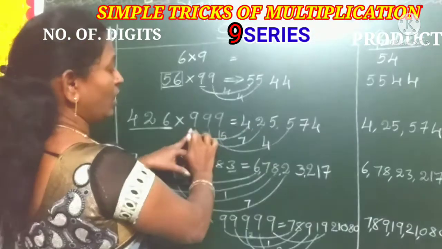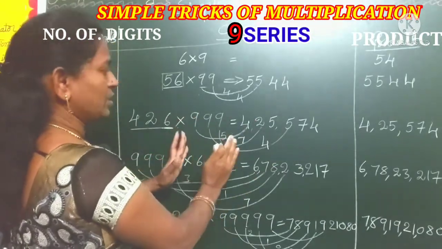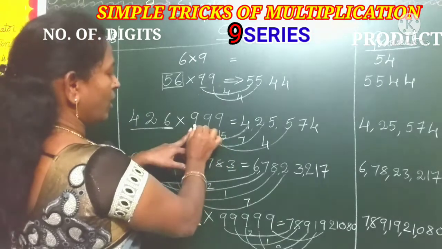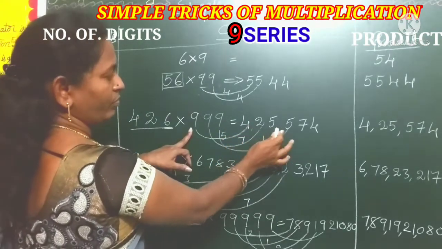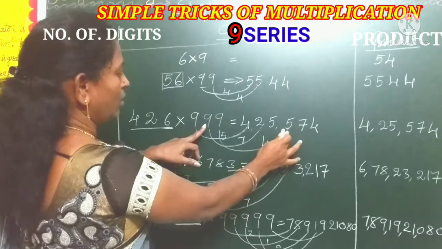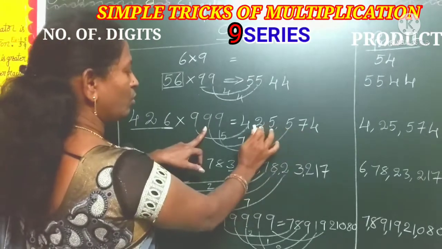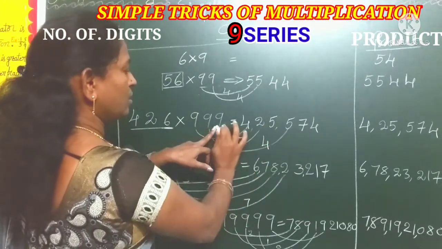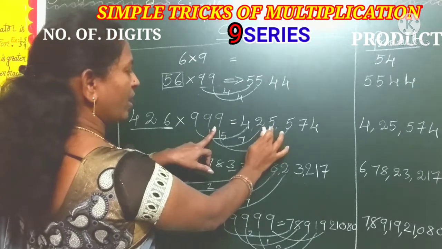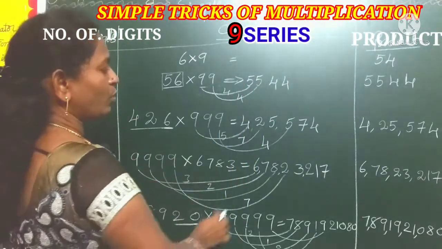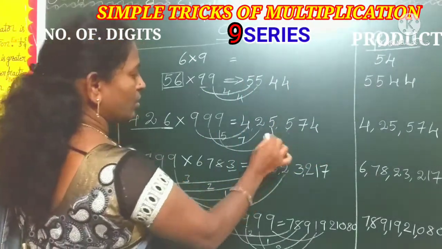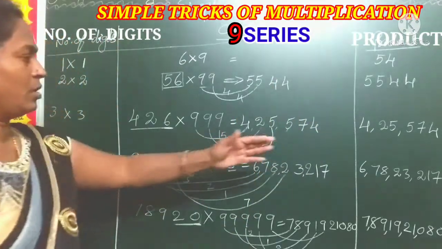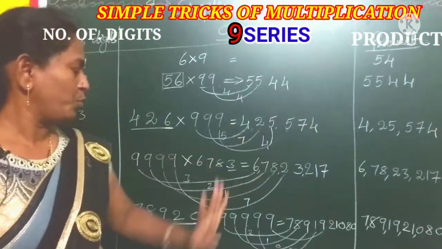Don't do left and right, leftmost places only you can do. See 9 minus 4 is 5. Next 9 minus 2 is 7. Next 9 minus 5 is 4. Simple, over. Right? That is the product.